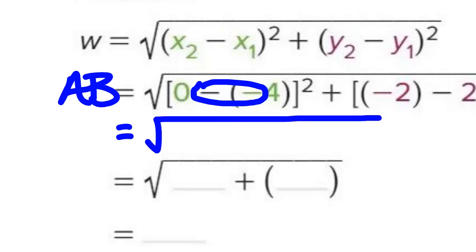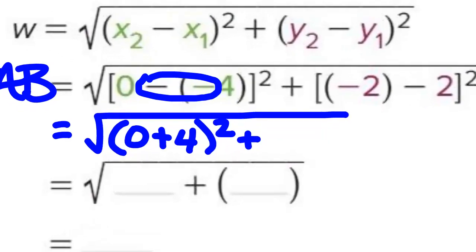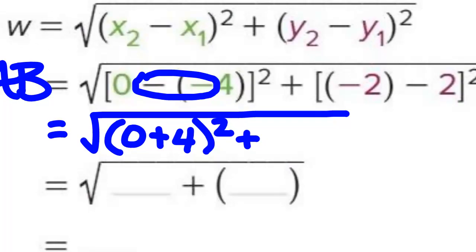What would that be? 0 minus -4? Addition. So 0 plus 4, take it and square it. Plus, what's -2 minus another 2? -4. So I have -4 squared.